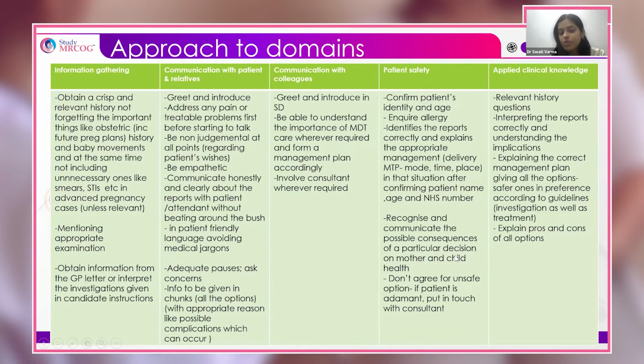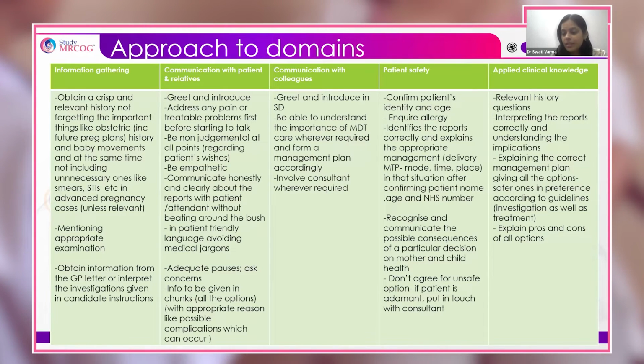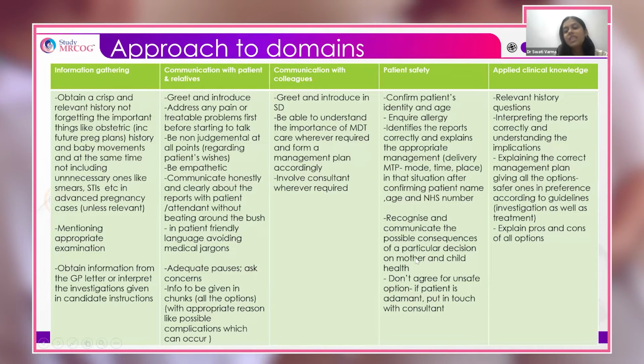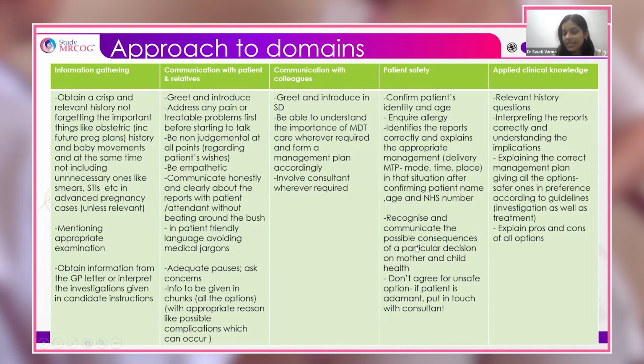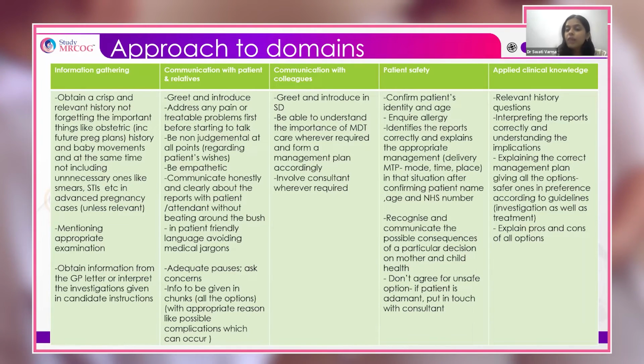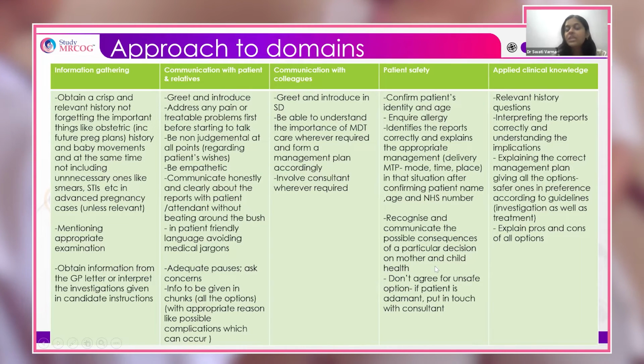Suppose in case the scar ruptures, or the head is stuck, or in a twin pregnancy some intervention is required after delivery of the first twin. In cases like these, there may be a problem. We can't monitor the baby at home, and a doctor is not there to do any intervention in case it is required. So you have to explain the consequences of the decision of home birth on mother and child health.